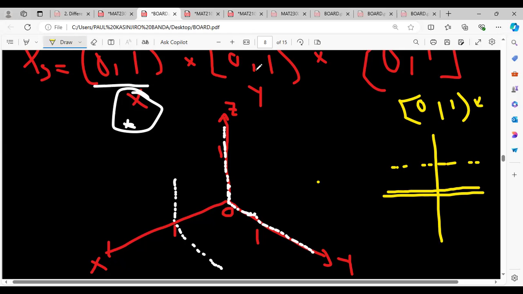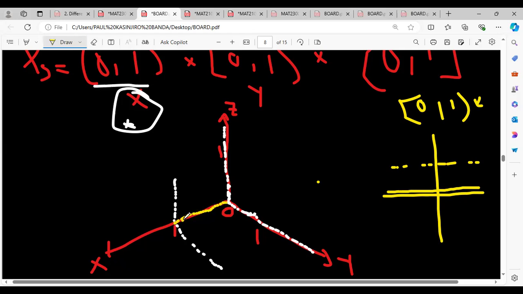So if I want to draw my y here, I have to draw 2 lines at 0 that are perpendicular to the x and the y, and 2 lines at 1 that are perpendicular to the, what? To the x and y. If I draw a line that is perpendicular to the x, I'm going to go in this direction like that.